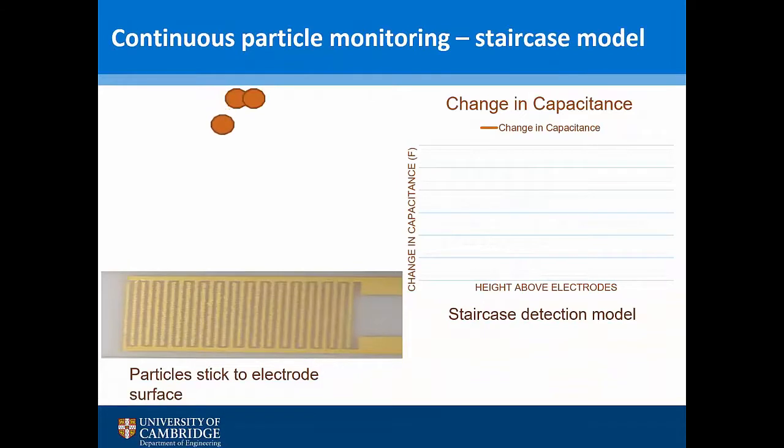But for small particles like PM2.5, which are known to stick to the surfaces on which they are deposited, we can have a system like this if we want to do continual monitoring, where we have a staircase detection model. So we have continual particle deposition on the same surface, and that uses the staircase measurement method.